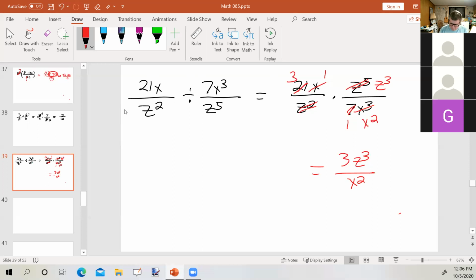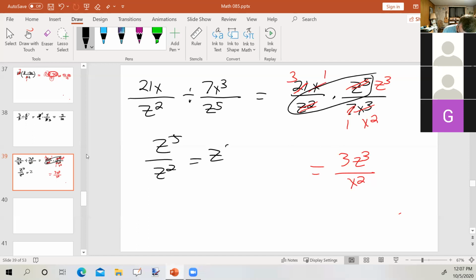Okay, so when you multiply the powers, you subtract it? Okay, when you multiply the powers, you add. We're dividing the powers. So hang on here, let's take a look at this. Z to the fifth over z squared is z to the 5 minus 2, or z cubed. Okay. Let's take a look at that.